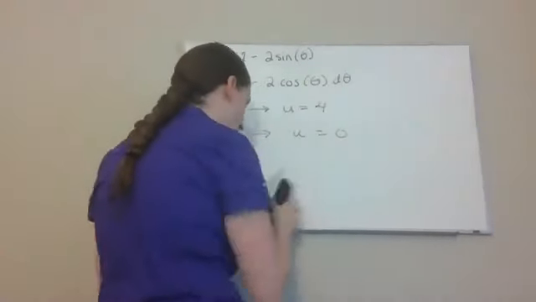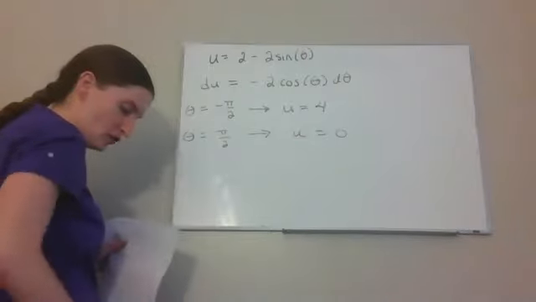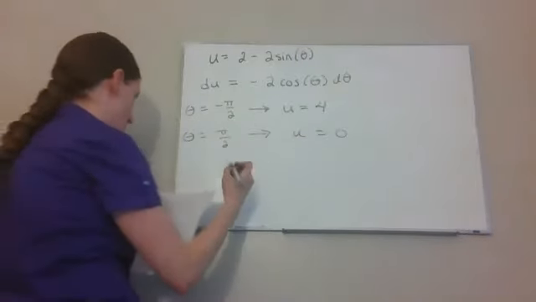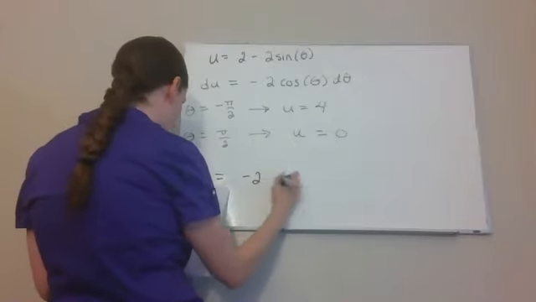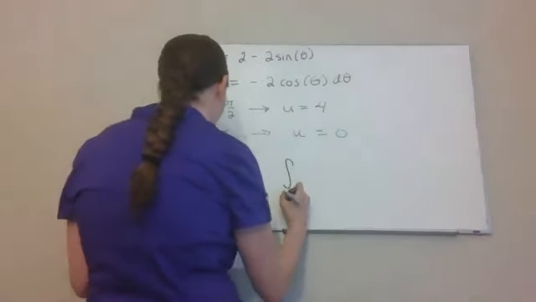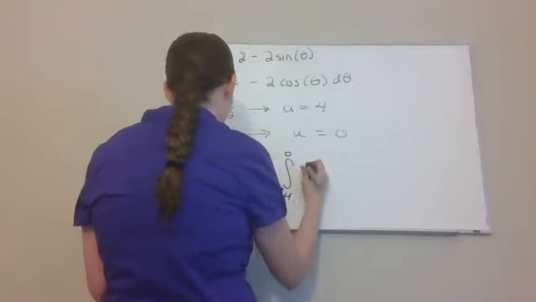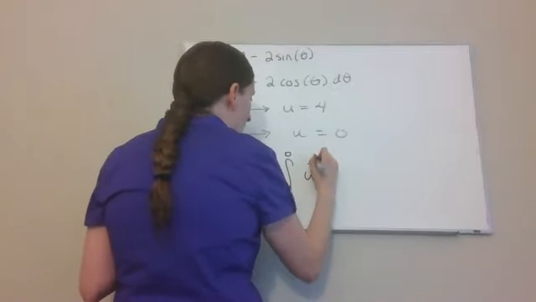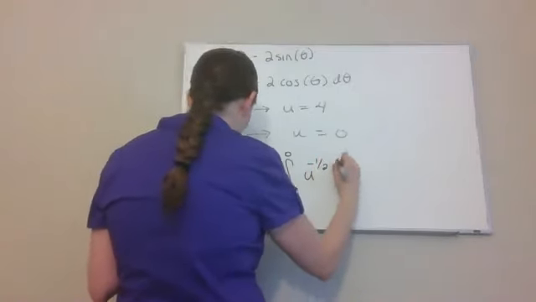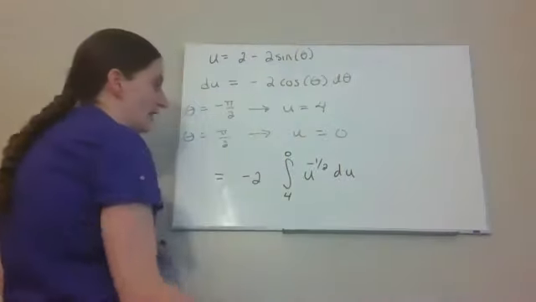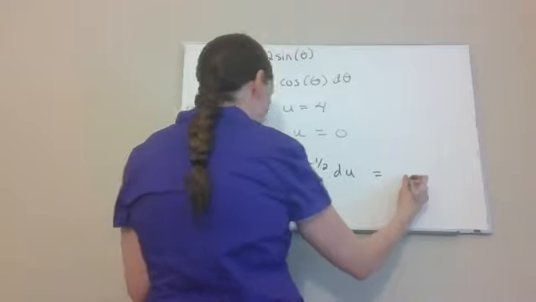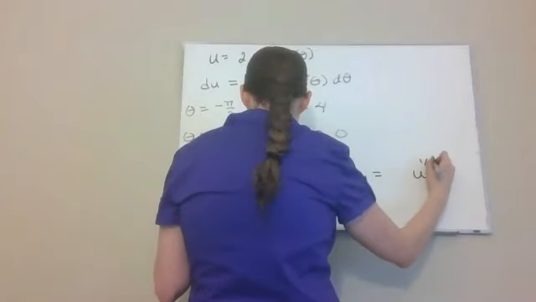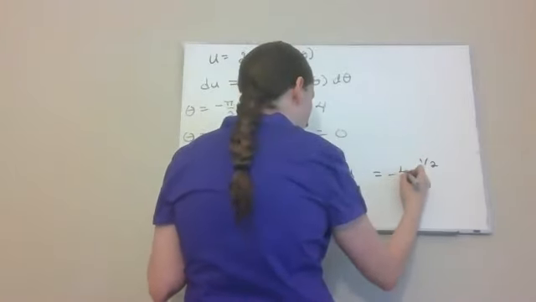So rewriting my integral with this substitution, we get that my arc length is equal to negative 2 times an integral from 4 to 0 of u to the negative 1/2 power du. And now I'm ready to integrate. I'm going to add 1 to the exponent, divide by the new exponent.